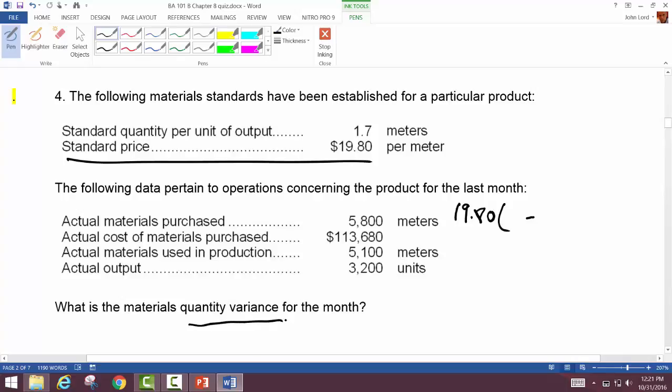Do they give me the actual quantity? They want the quantity variance, so it has to be the amount that was used, right? So we pick up 5,100 was used, wasn't it? So it's 5,100 that got used is the amount that gets subtracted here.